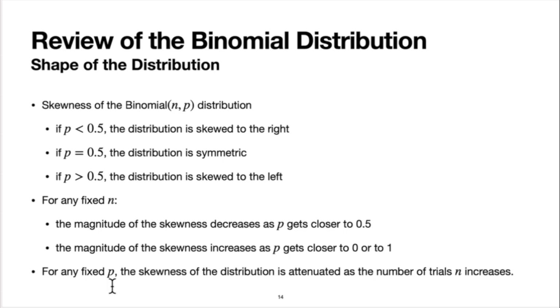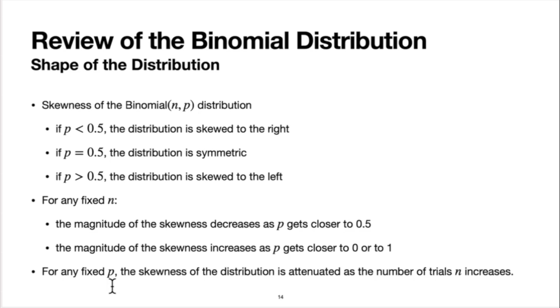Well, as the number of trials gets bigger and bigger, the skewness, that right skewness, is going to decrease and get closer and closer to 0. Visually, the distribution is getting less and less skewed. It's getting closer and closer to being symmetric.